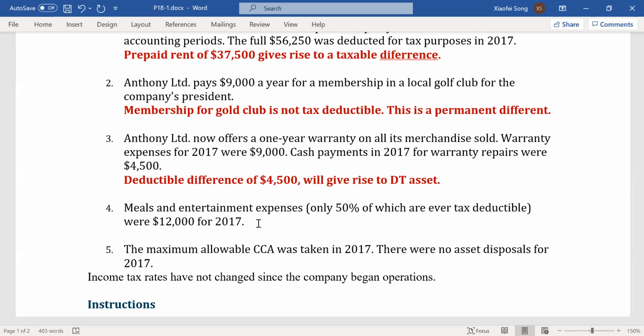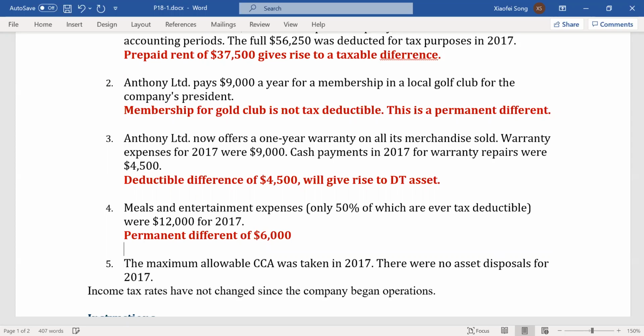So it will be a permanent difference of 6,000. How about that? Permanent difference 6,000, right? So for accounting purposes, you can deduct 12,000. For tax purposes, you can only deduct 6,000. Okay.